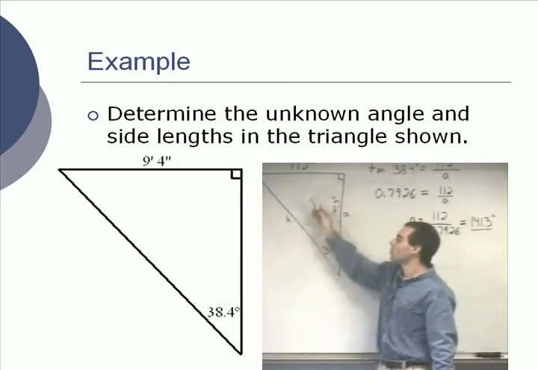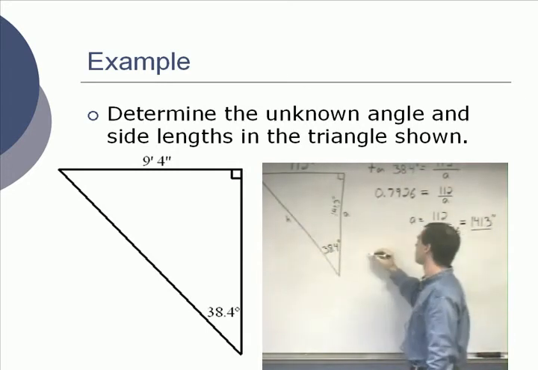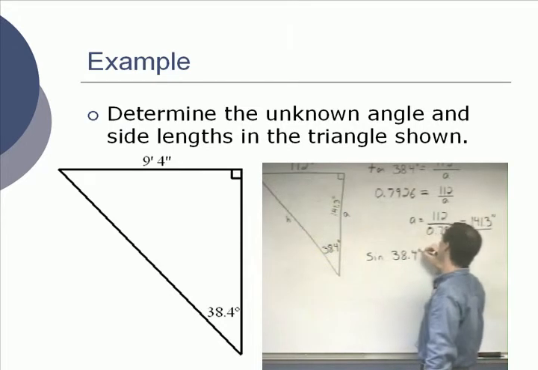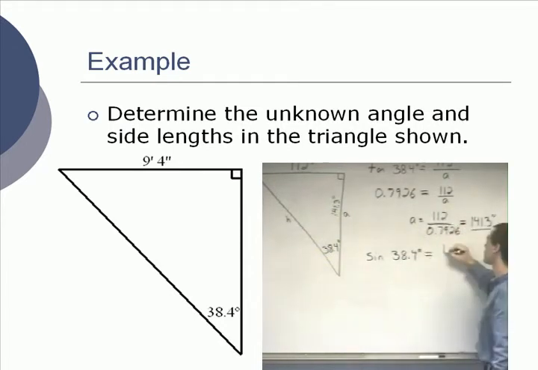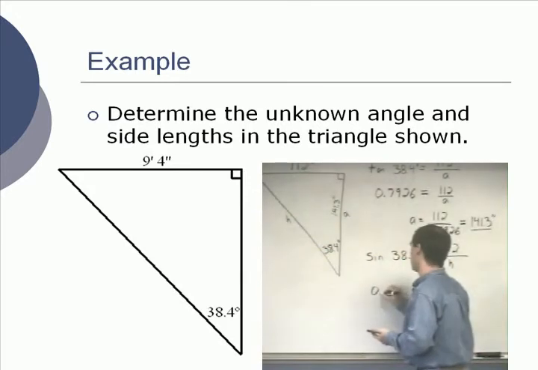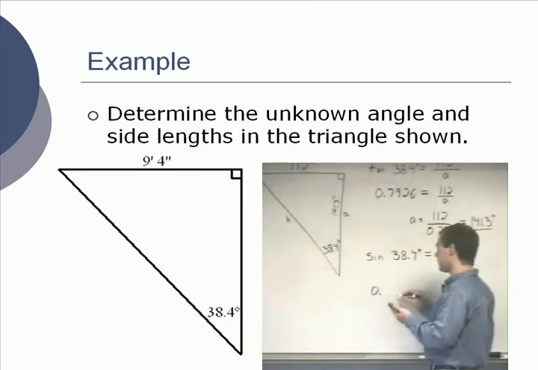We know the opposite. We want to find the hypotenuse. Sine of 38.4 degrees has got to be equal to the opposite, which we know to be 112, divided by hypotenuse. We know what sine of 38.4 degrees is: 0.6211.